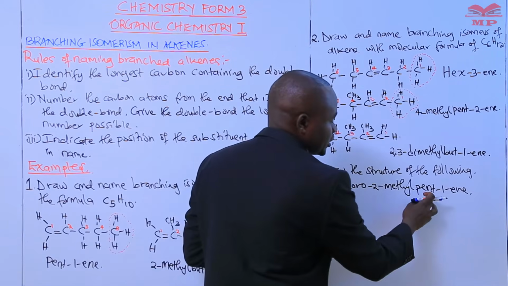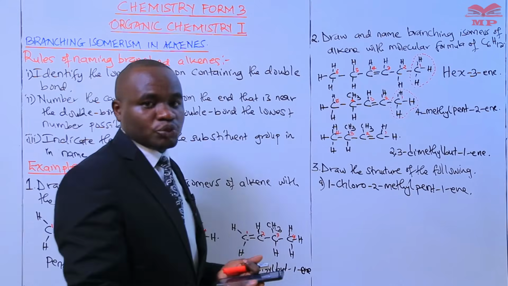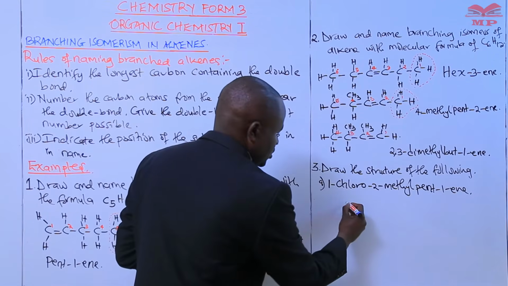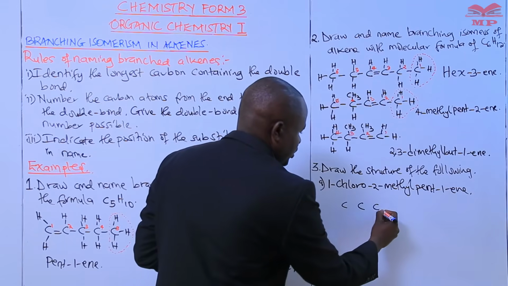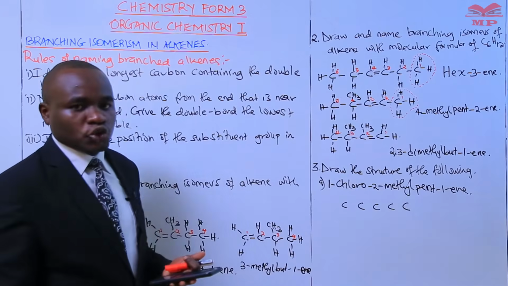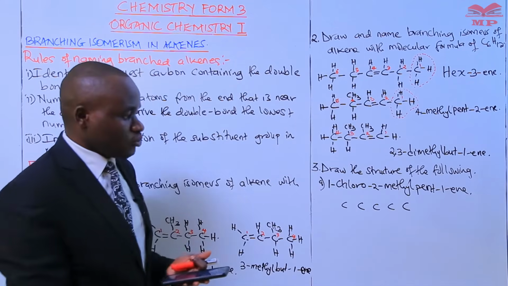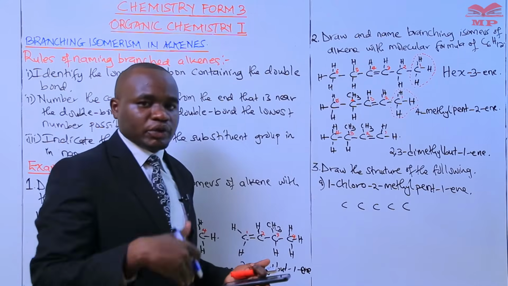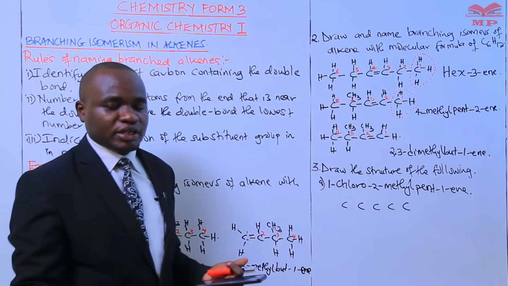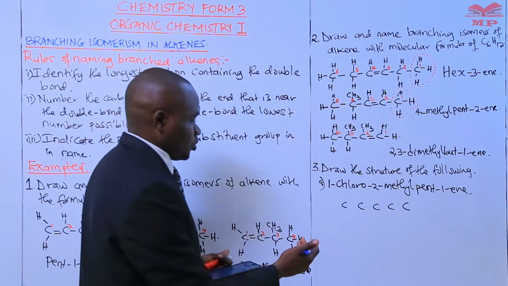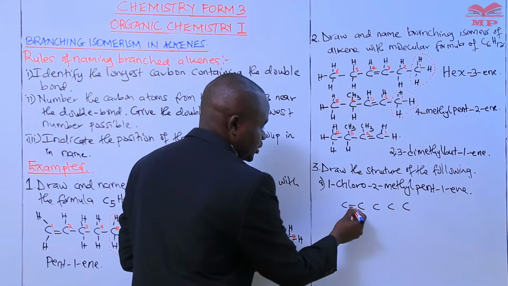The parent is pent. Pent means 5, so we have 5 carbon atoms. So we draw the 5 carbon atoms, 1, 2, 3, 4, and then 5. After which, you show the double bond from the name pent-1. It means the 1 is the lowest number, meaning the double bond is between carbon 1 and carbon 2. So the double bond is there.